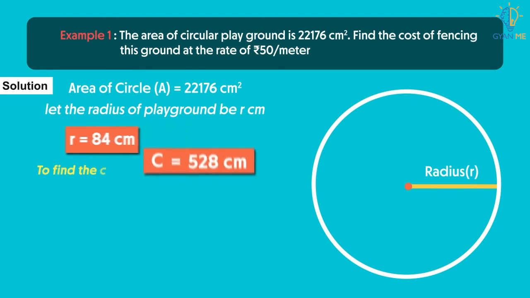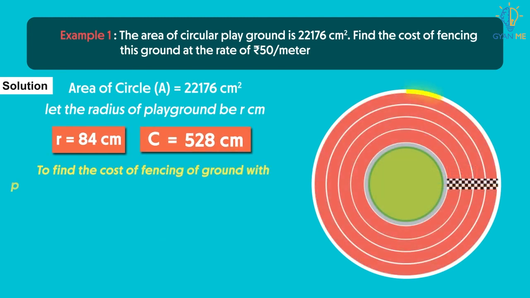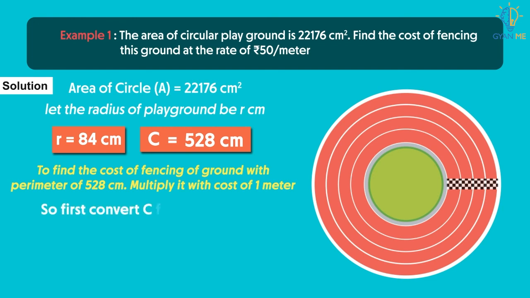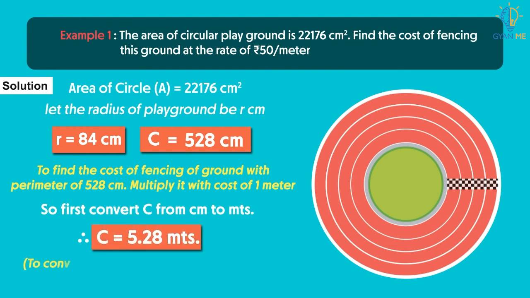Now, to find the cost of fencing of ground with perimeter of 528 cm, multiply it with the cost of 1 meter. So, first, convert circumference from centimeter to meter. Therefore, we get C is equal to 5.28 meters. As to convert centimeter into meter, we divide centimeter by 100.